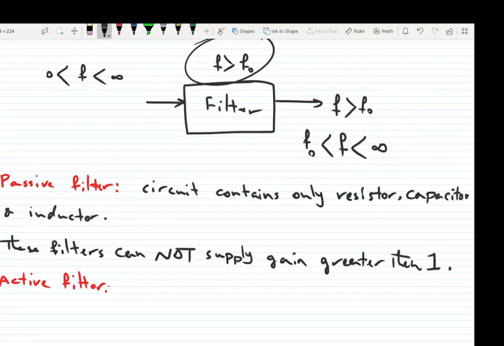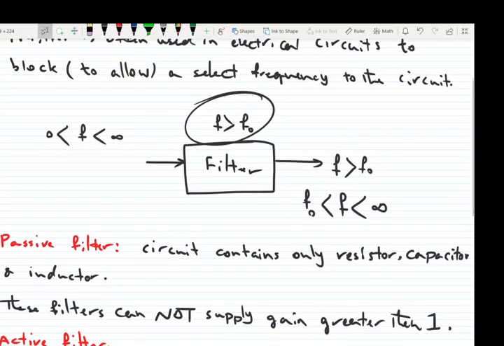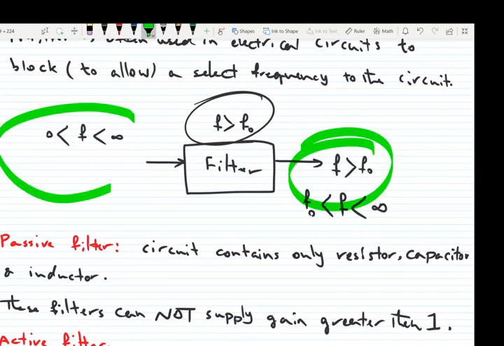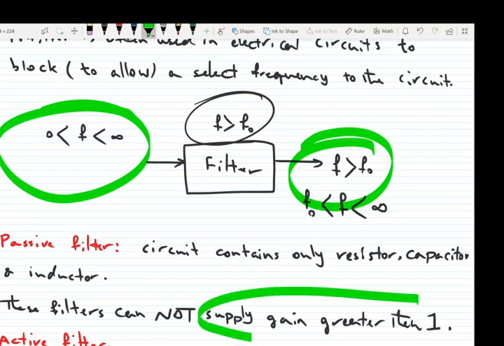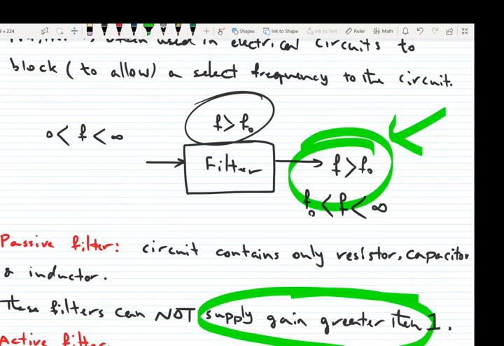So first, it says that the filter contains resistor, capacitor, and inductor, and the output signal, if we look at the amplitude of the output frequency, is less than the amplitude of the input frequency. The gain is not greater than 1. So the output amplitude has to be less than the input amplitude.